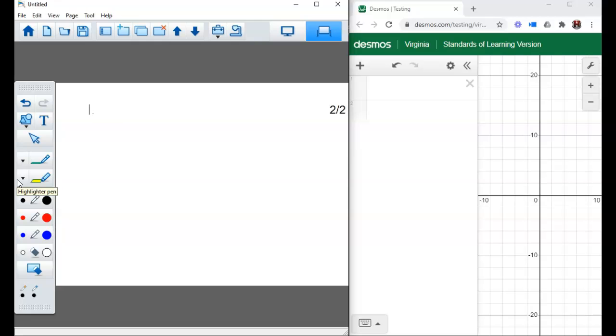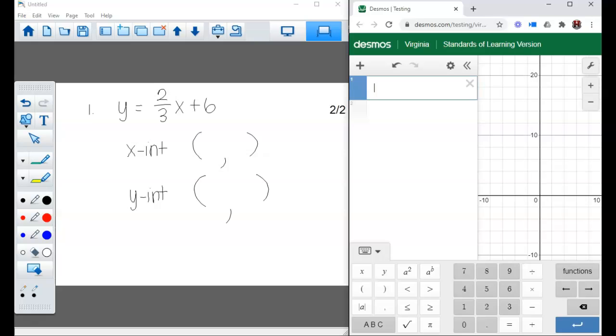We did things like y equals 2/3 x plus 6. All right, so we go to our calculator, we hit the keypad on it, and we type that problem in exactly like we see it.